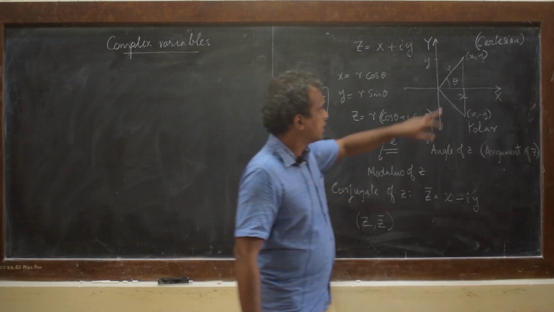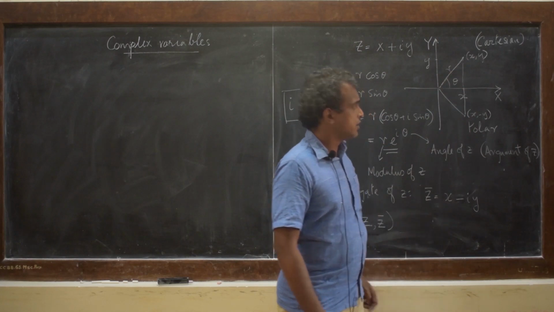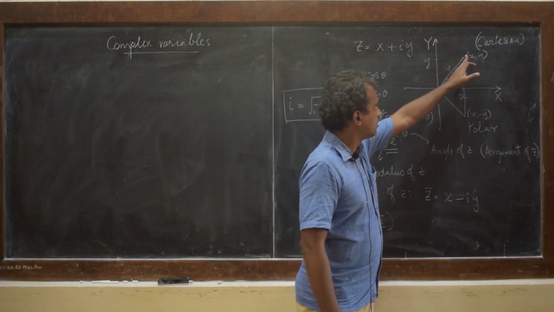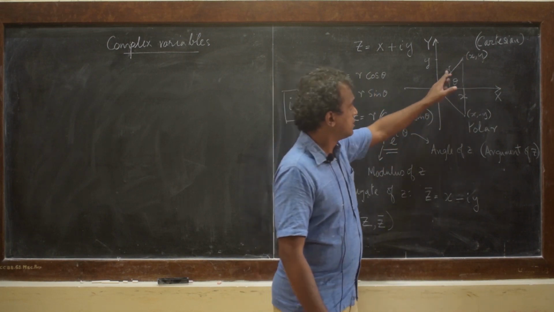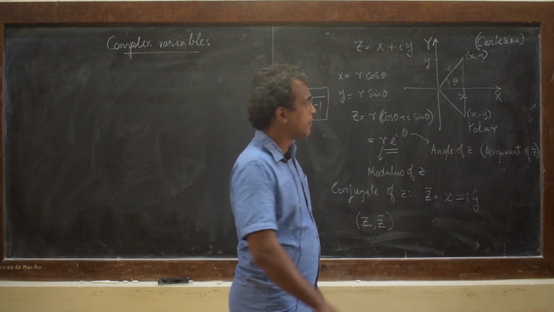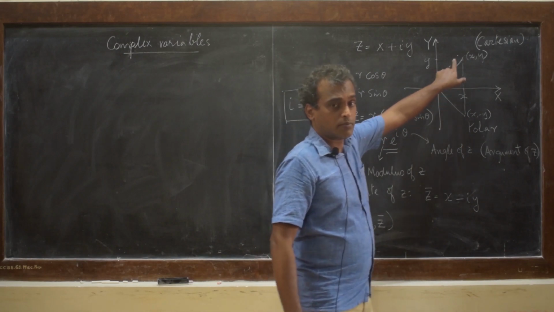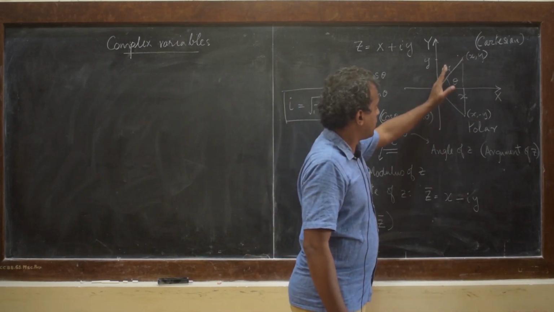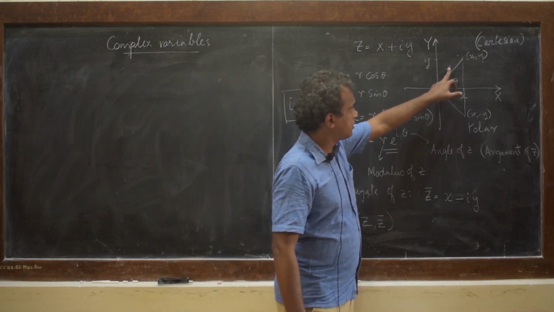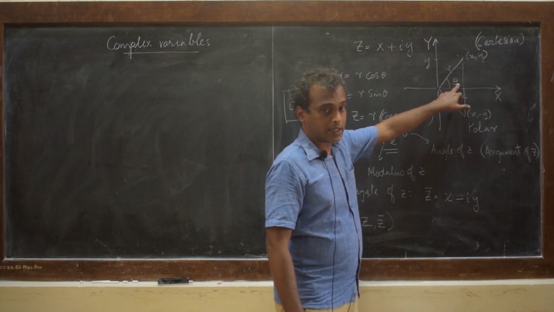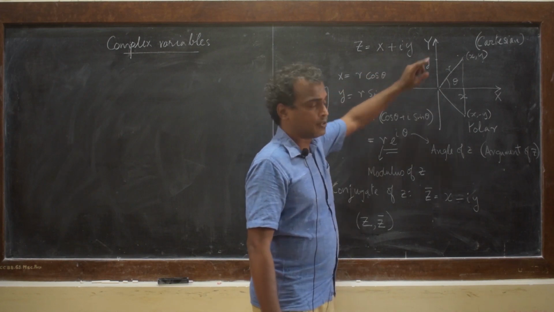However, that is not the case if I give you simply r. By simply giving r, it is not clear at what angle the line joining that point to the origin is from the real axis. For instance, another point which is at the same distance from the origin could have a different value of theta. So, it is not sufficient for me to give r alone to find theta. And the very same thing is true with the Cartesian form also.